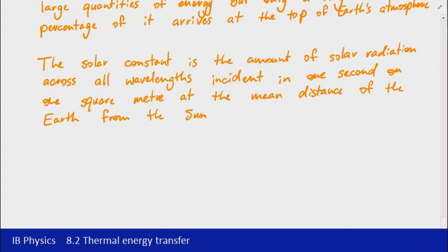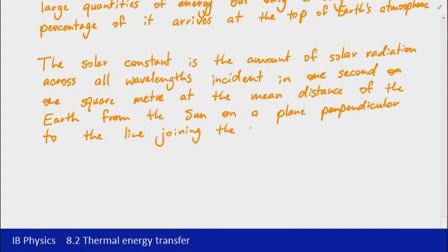And when we're talking about that area, just to really nail this down, that area is on a plane perpendicular to the line joining the Earth to the Sun, or joining the centres. So a fair bit of detail in that explanation, but the reason is to be very clear about the constraints around this idea of the solar constant.